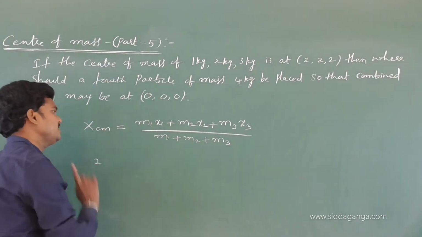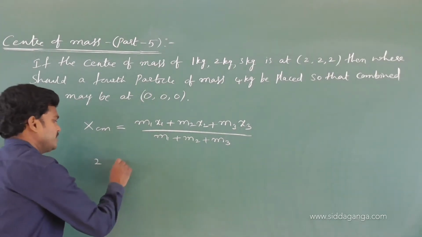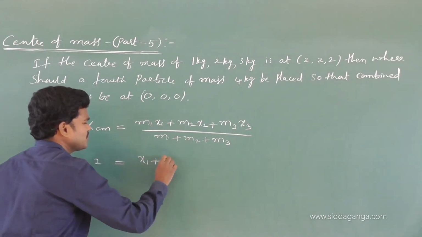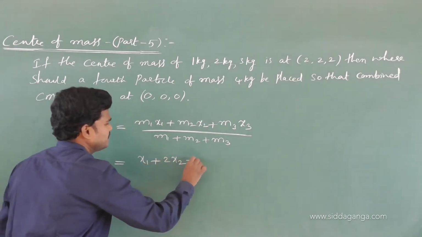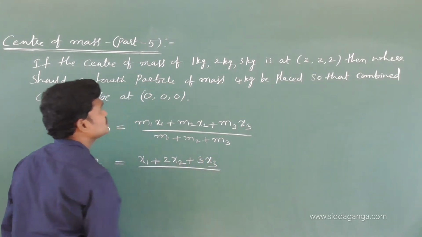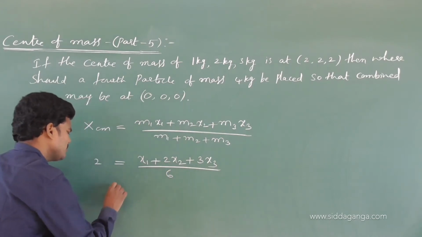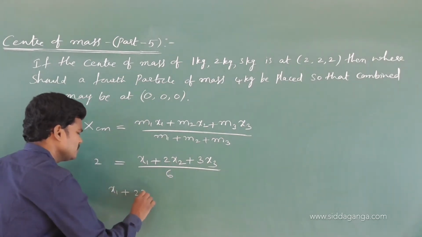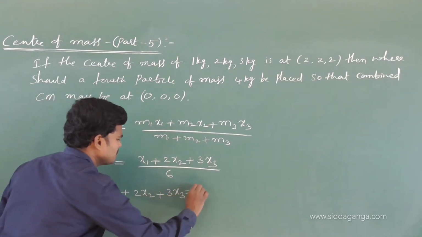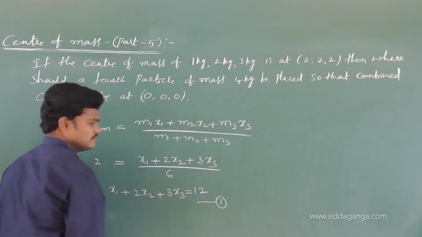Let me find only Xcm now. M1 is 1 kg, 1 x1, M2 2 kg, 2 x2, M3 3 kg, 3 x3, by 1 plus 2 plus 3, which is 6. So I got one equation: x1 plus 2x2 plus 3x3 is equal to 12. Keep this as one equation.